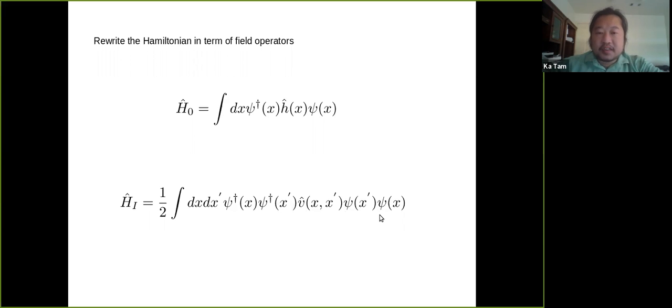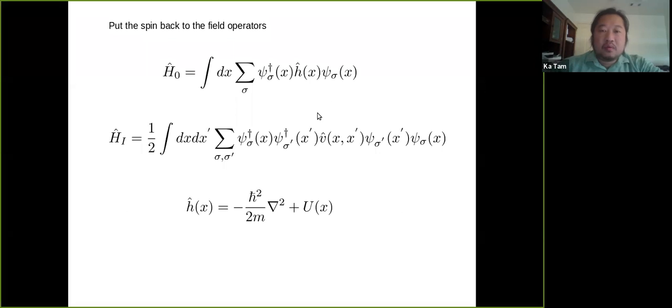So the next step is how to go back from the continuum to the local Wannier basis. Before we do that, we put the spin variable back into the Hamiltonian first. So we just add the spin. For the non-interacting part, it is just the sum of spin up and spin down.